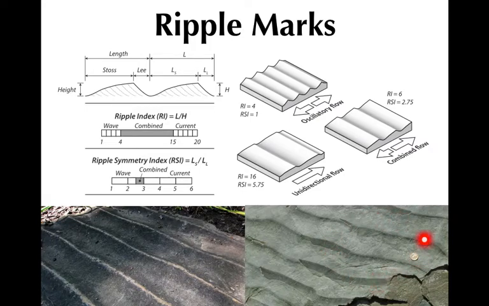So if you look at this example here, we have a set of ripples that have a pretty long upstream side and a pretty short downstream side, and they're also not very high. These are current ripples, pretty much similar to these. Produced under oscillatory flow, on this image here, we've got a set of ripples that have crests that are pretty close to each other and pretty symmetrical.